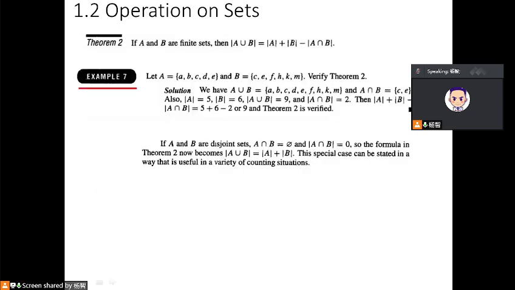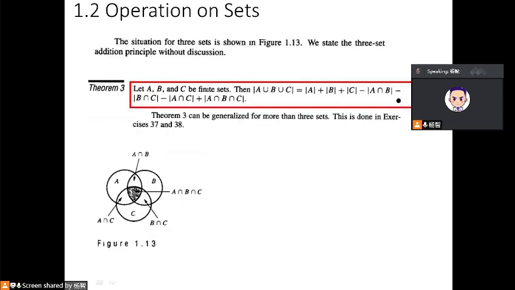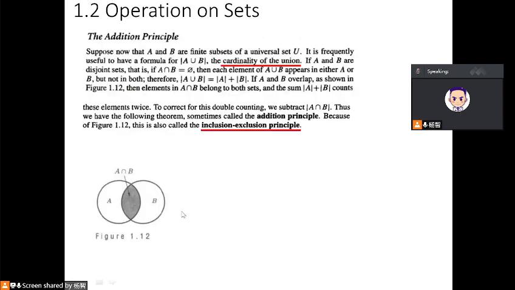For this symbol, like this, the vertical bars, it means the cardinality.